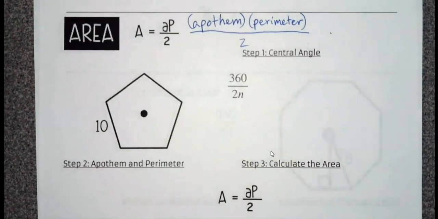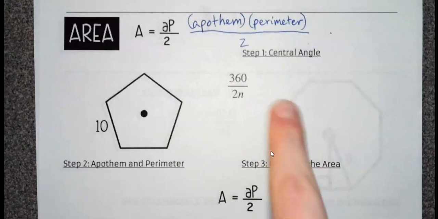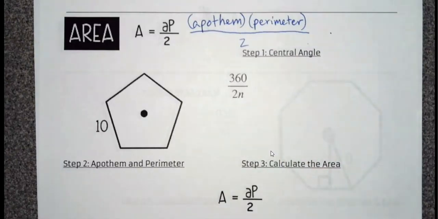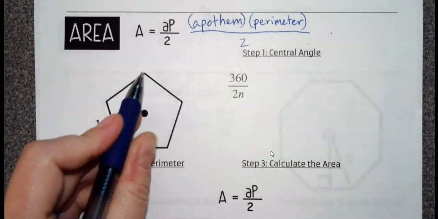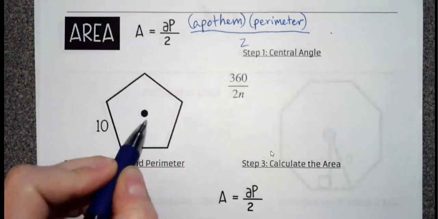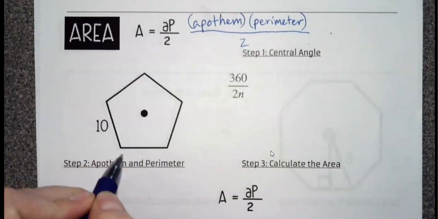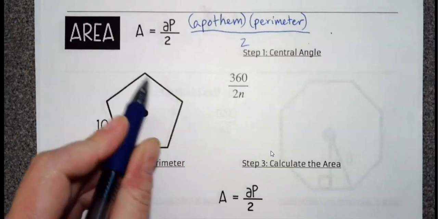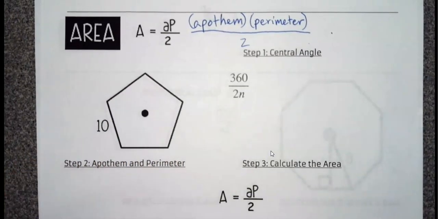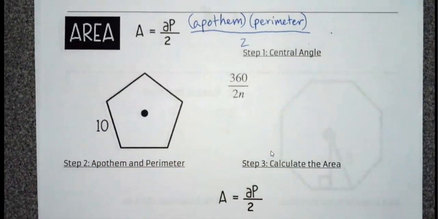So the apothem, which we just drew, times the perimeter divided by 2 will find the area. Ultimately, it breaks this up into different triangles. The apothem is like the height of the triangle, and the perimeter is the base of all the triangles, then divided by 2 because that's the area of a triangle.